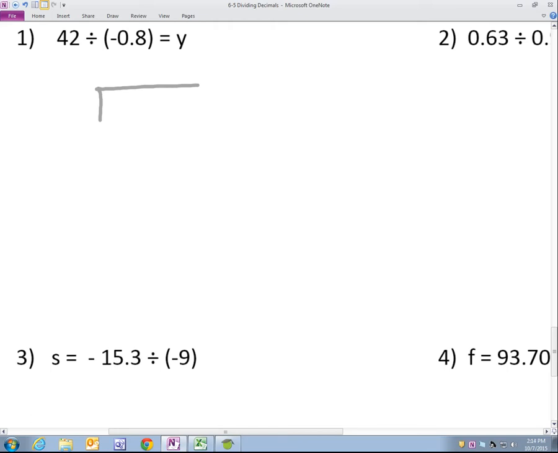That means the first one, which is 42, is going to be in, and the second one is going to be out. Because of what Sparrow just said, that a positive thing divided by a negative thing or a negative thing divided by a positive thing is going to be negative, I'm going to write a negative sign right there so I don't make that mistake.